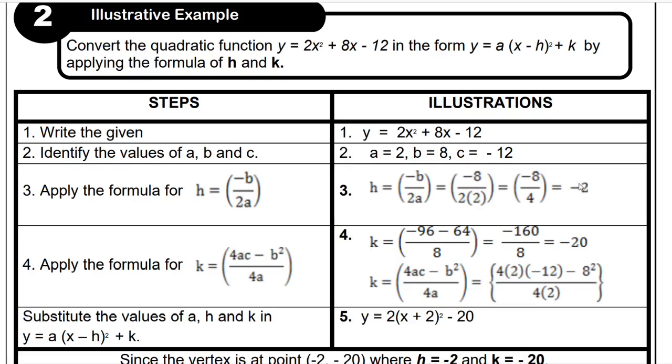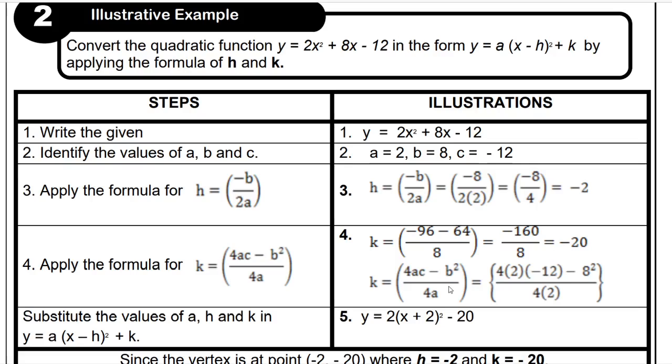That is the value of h. For the value of k, we have this one. Just replace: 4 times 2, and your c is negative 12, so this will become negative 96 minus b squared. Your b is 8, squared is 64. And that is negative 160 over 8 or negative 20.